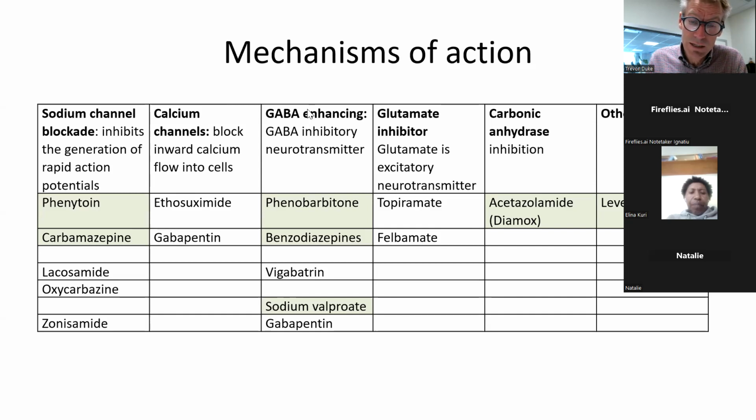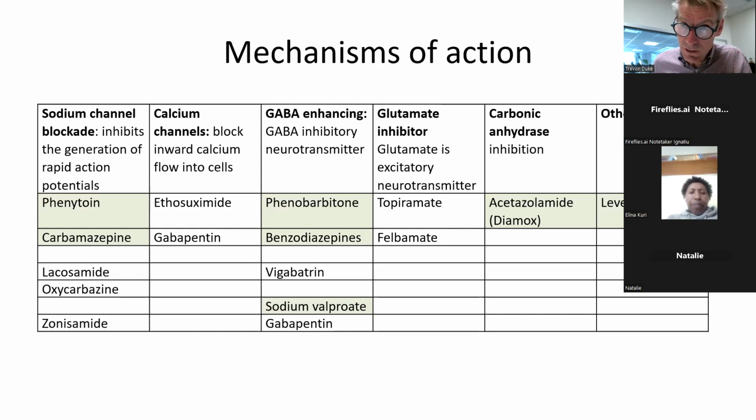Some medications work on enhancing this neurotransmitter called GABA, gamma aminobutyric acid, and that's an inhibitory neurotransmitter that calms the brain down. So GABA enhancing agents tend to suppress seizures. And then there's another medication that works by glutamate inhibition, and glutamate is an excitatory neurotransmitter, different to GABA, which is an inhibitory neurotransmitter.